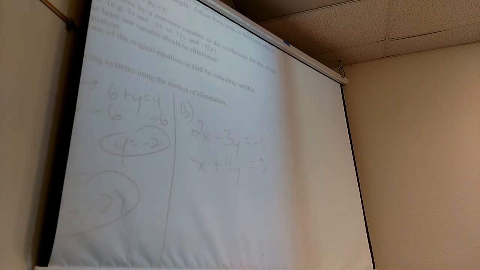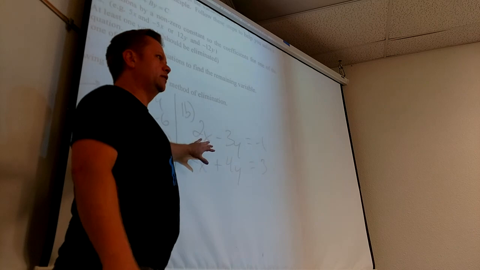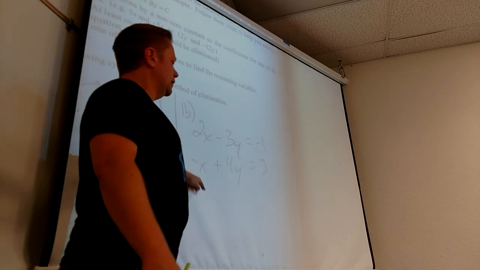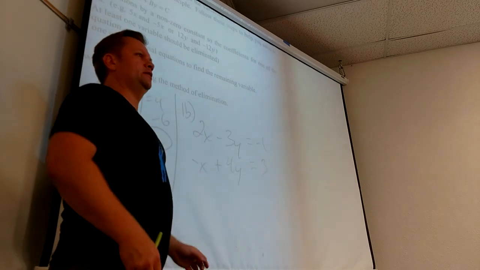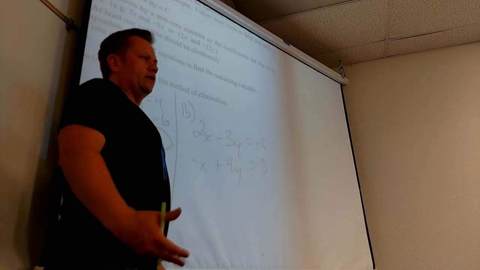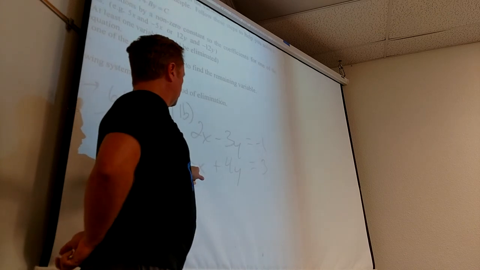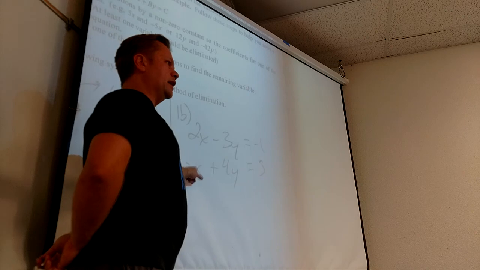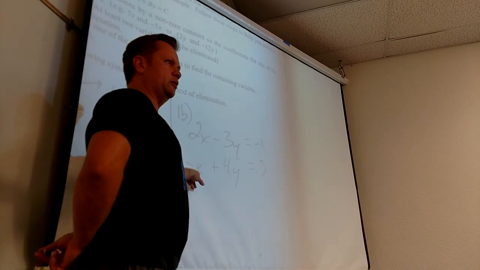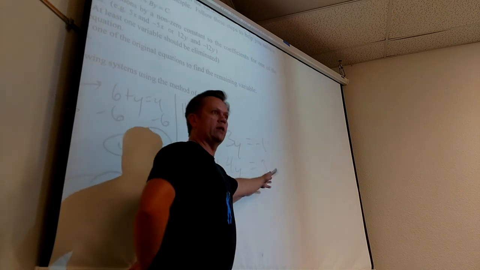What kind of sucks about this one compared to the other one, besides this being in my handwriting: if I add these together, does anything cancel? No. Damn it. So what do you have to do? What do you wish was here, for example? I wish a 2 was there. I can't just put a 2 there because I want there to be 1, but I can multiply both sides of this equation by 2.